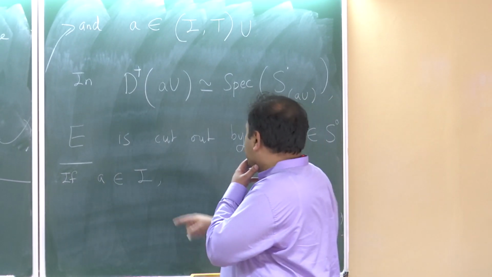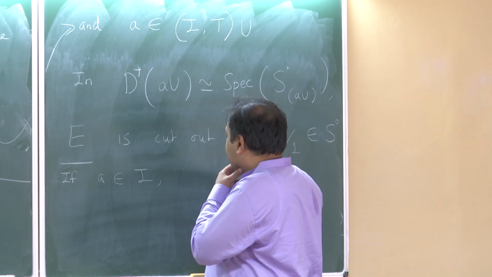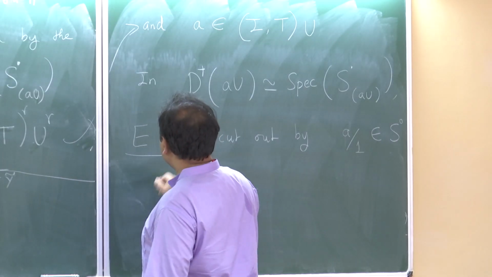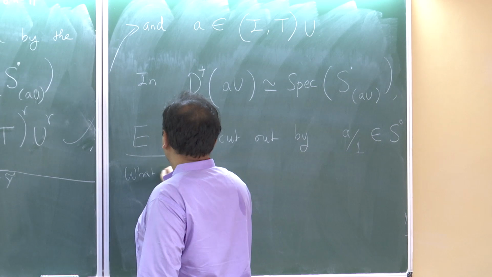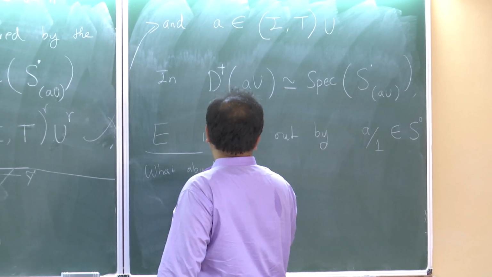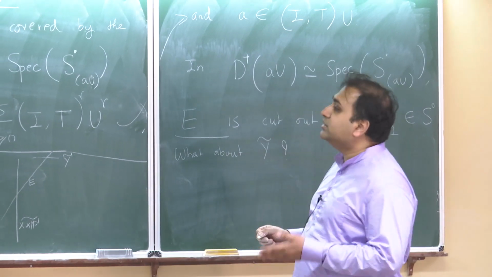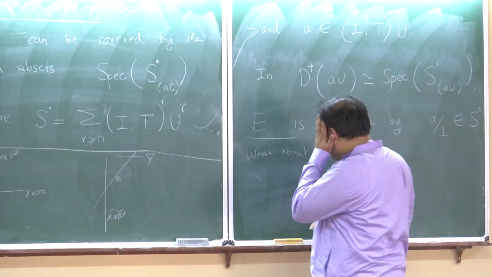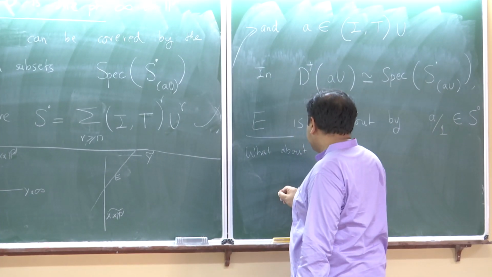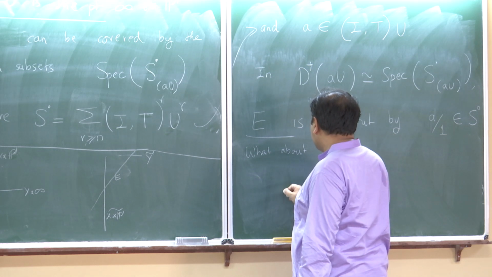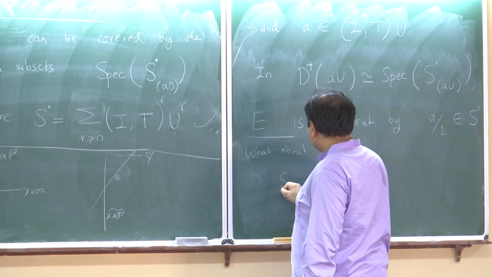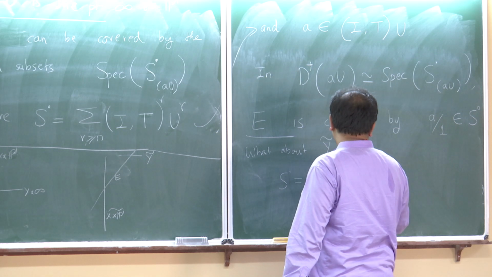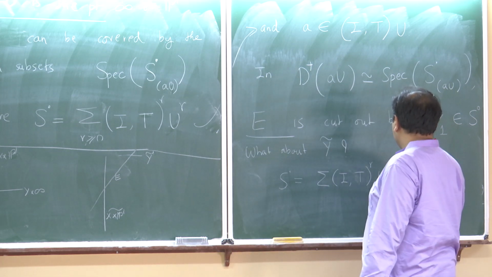So this I know, but what about y tilde? What is the homogeneous ideal defining y tilde in this? How did I do this? I have S dot equal to the summation of I comma t to the r.